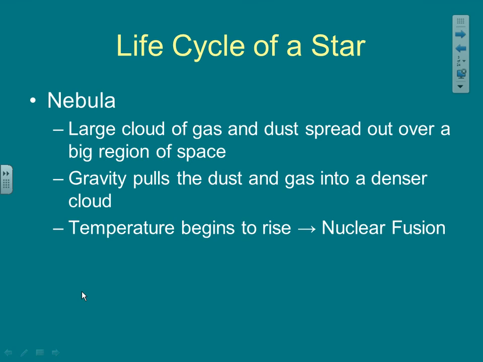And as they go faster, the temperature begins to rise. There's eventually so much gravity, so much pressure, and so much temperature that it starts fusing these dust and gas particles together. And we get nuclear fusion.